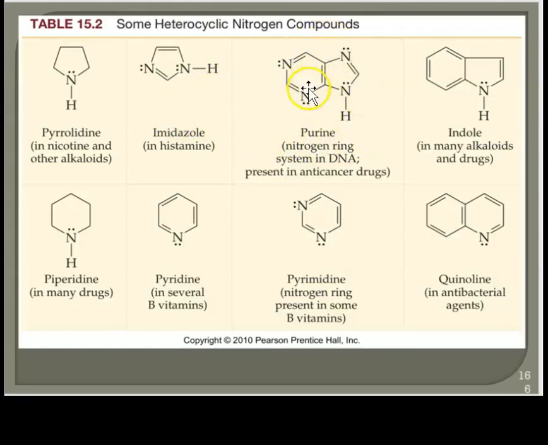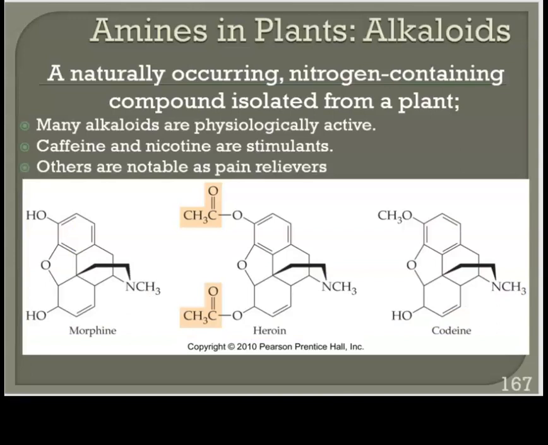Purine rings should look familiar to you from DNA. Pyrimidine as well. It's also present in vitamin B. Quinoline, an antibacterial agent, an indole ring, pyridine, and piperidine. Different nitrogen-containing compounds are in various drugs. These also commonly occur in many different types of plants.